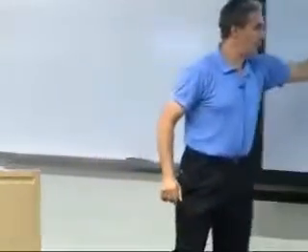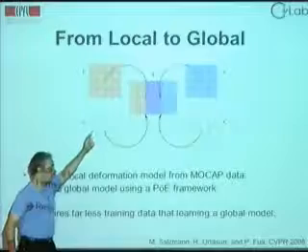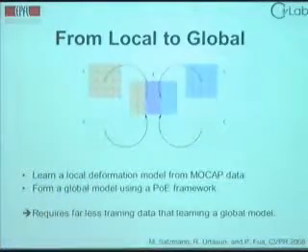So we put that in our database, we learn a local deformation model for how a patch can deform, and then to form the global model, we simply use a product of experts framework. We take the log likelihood to be the sum of the log likelihoods for the individual patches.